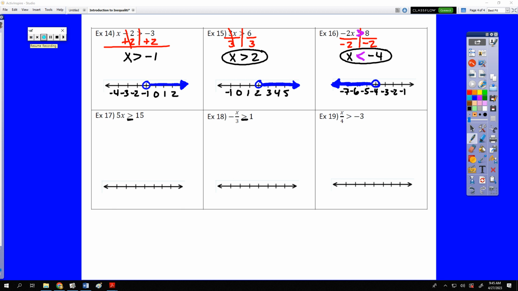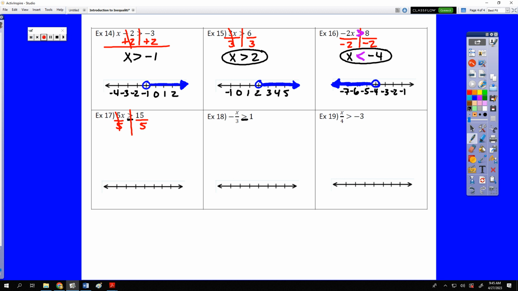Okay, so we ran out of time in class, so here's the rest of the lesson. We will cover this tomorrow, Friday, before I give out the homework assignment. So, on example 17, that says 5 times x is greater than or equal to, because I just changed it, 15. So we would divide by 5 in order to solve for x.